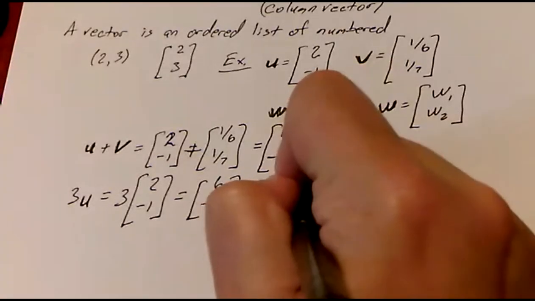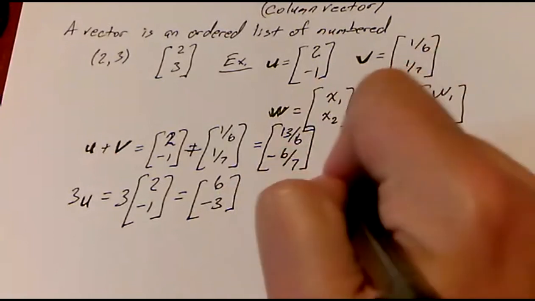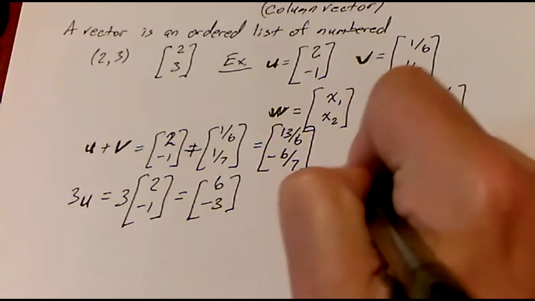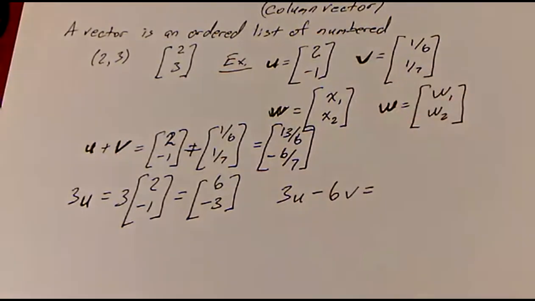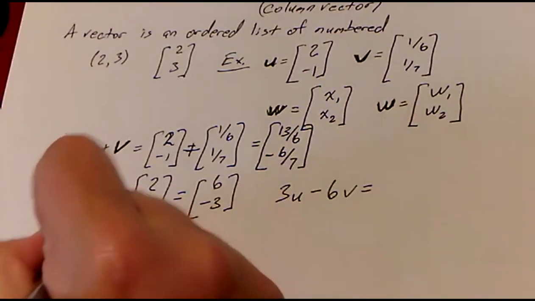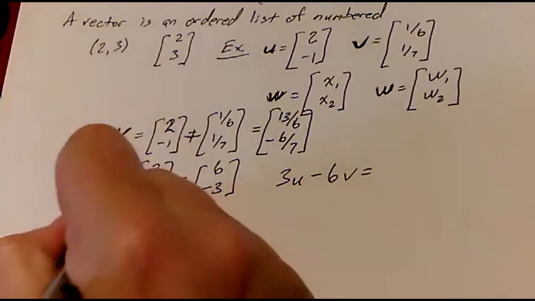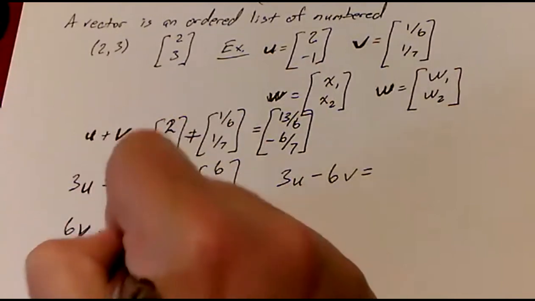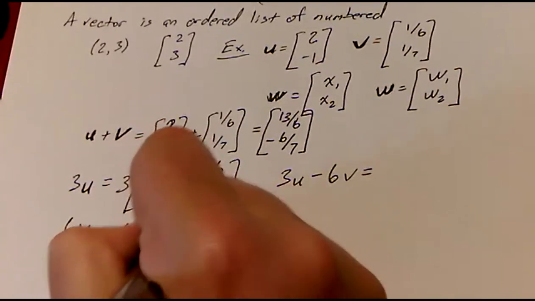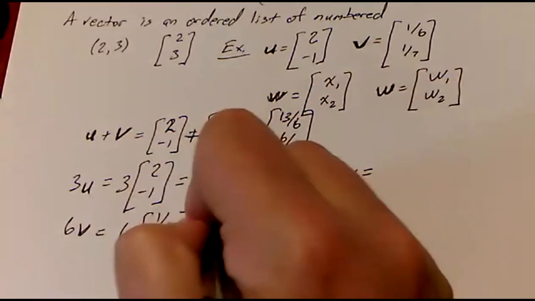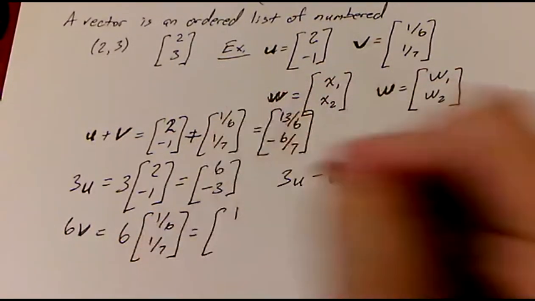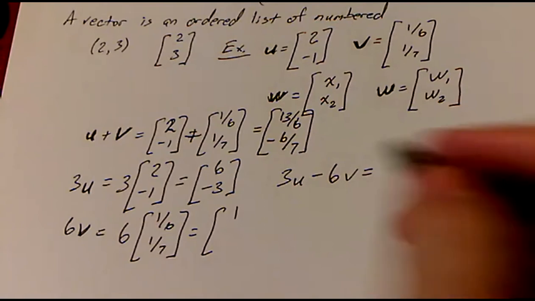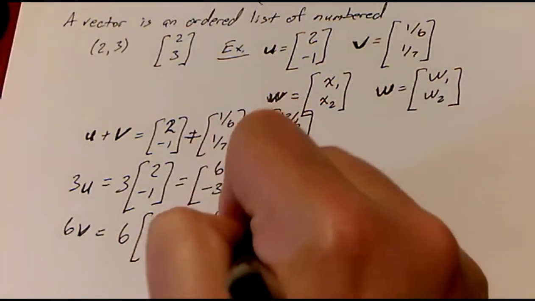And then we could always tack these things together. So let's say 3u minus 6v. First let's find 6v. That's 6 times 1/6 and 1/7, the coordinates. When I multiply 1/6 times 6, I get 1, and when I multiply 6 times 1/7, I get 6/7.